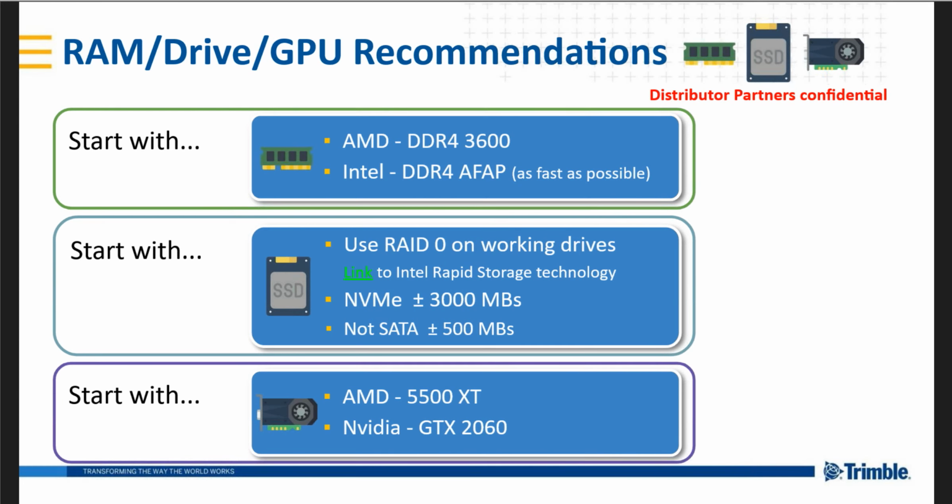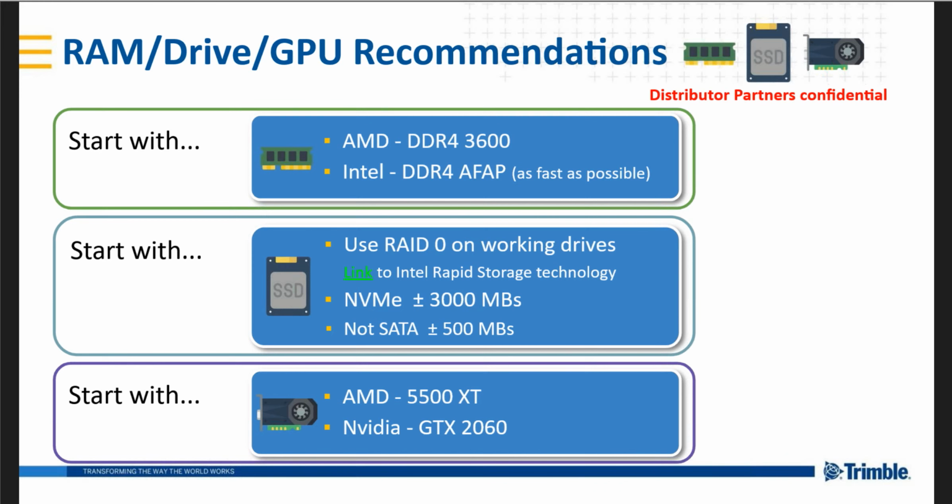On the graphics card, we also have some recommendations for you. You can start with the AMD 5500 version or with the NVIDIA GeForce RTX 2060. I was looking up the price for the NVIDIA, which comes with, I think, 6 gigabytes of video RAM, and costs around 350 euros, about $400.